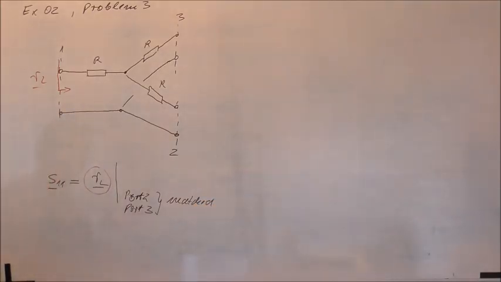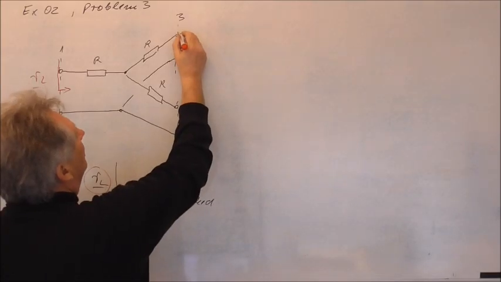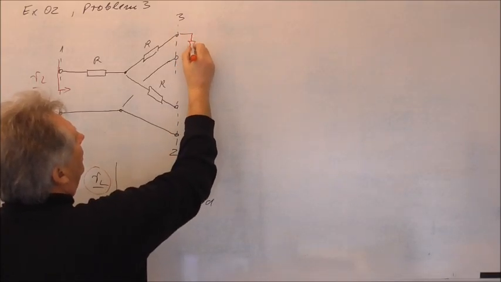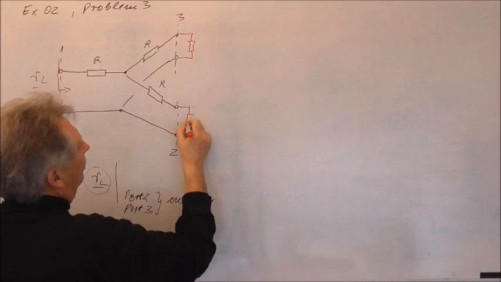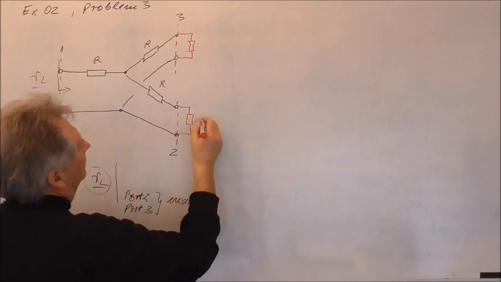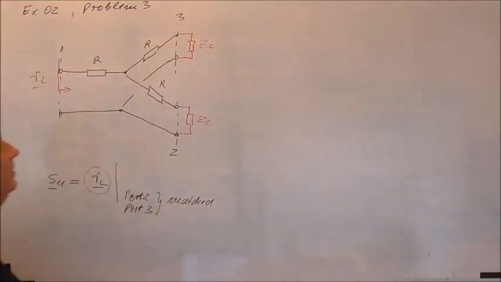Again, this means I will terminate here with the characteristic impedance ZC, and in our case this characteristic impedance is 50 ohm. This is ZC.